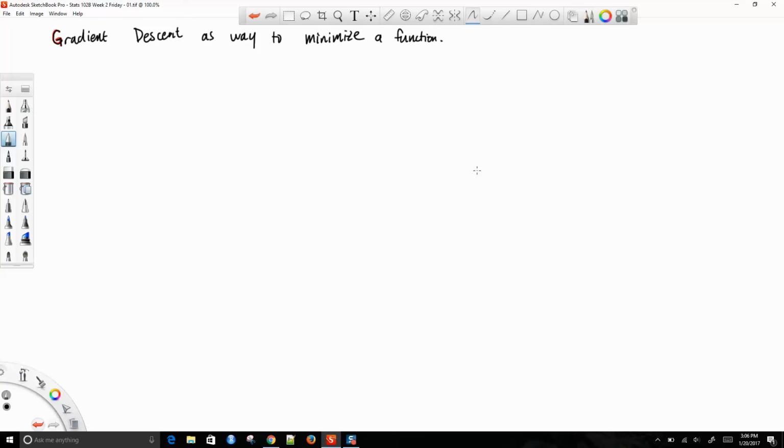And so we use that to minimize the least squares loss function, right? Okay, so far we have minimized the least squares loss function for linear regression.